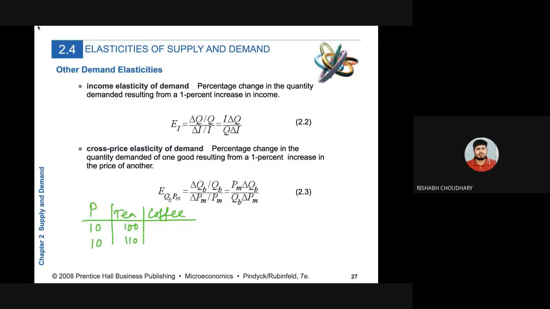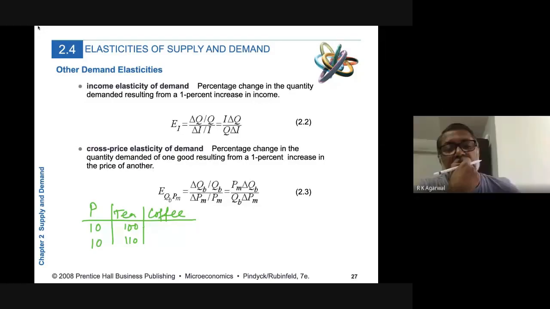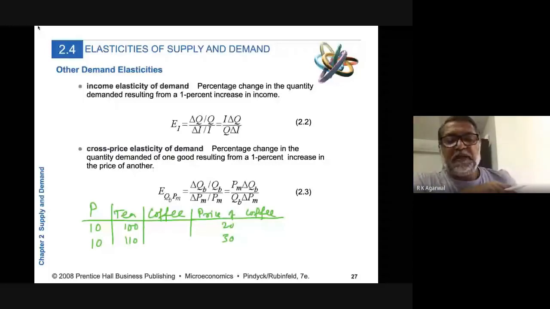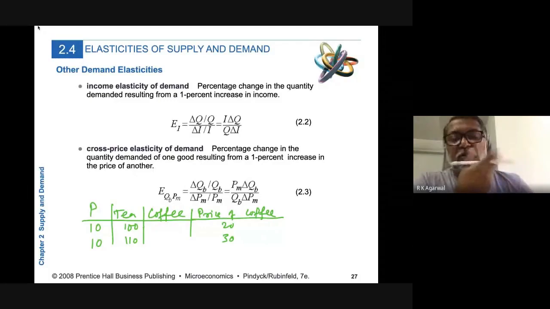Sir, the price of coffee has also gone up, relatively higher than tea. Price of coffee may have gone up. Say earlier price of coffee is 20 rupees. Now the price of coffee is 30 rupees. So it is not the price of tea which has gone up. It is the price of coffee which has gone up.